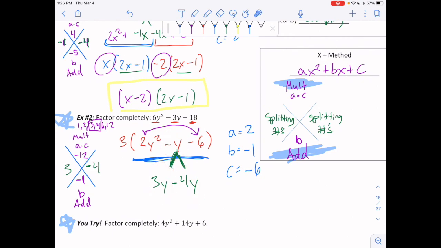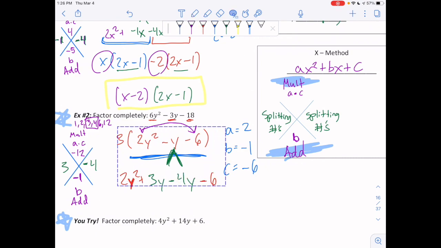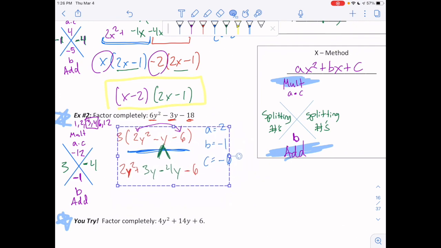You're not really changing the value of this expression. We're just altering it to get 4 terms. Bring down that negative 6, bring down that 2y squared. Now we can factor by grouping.